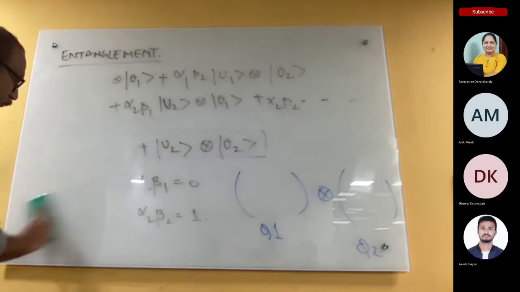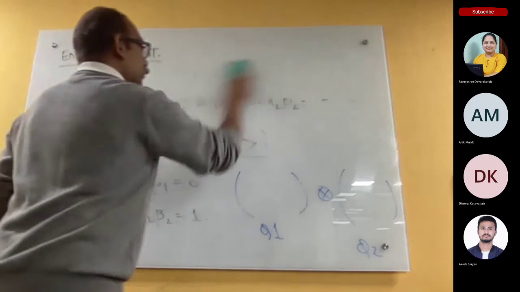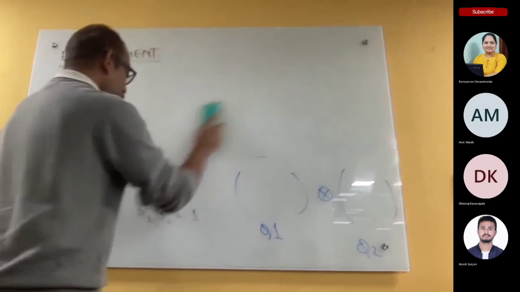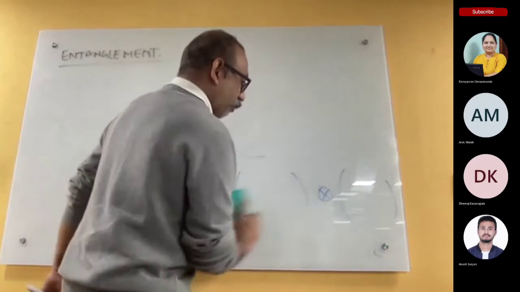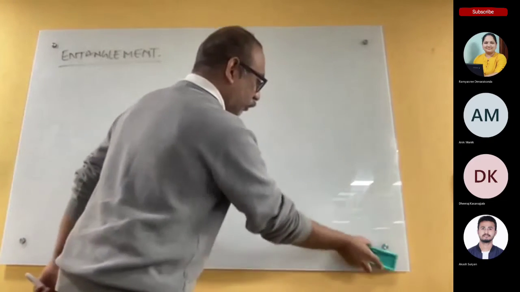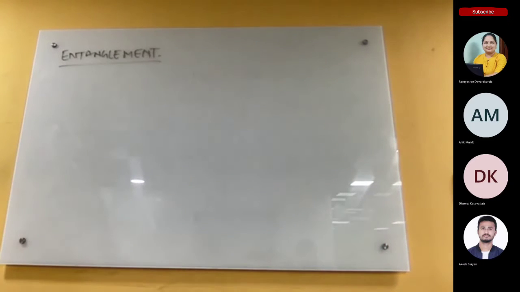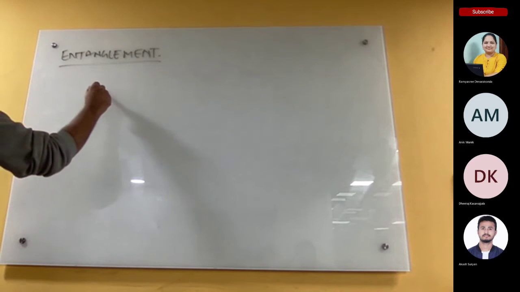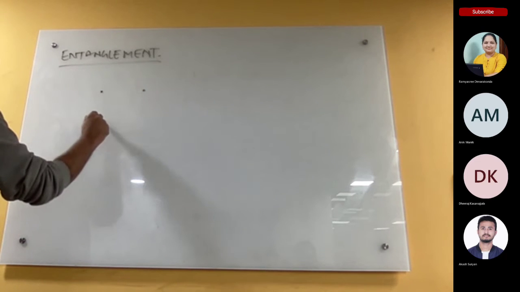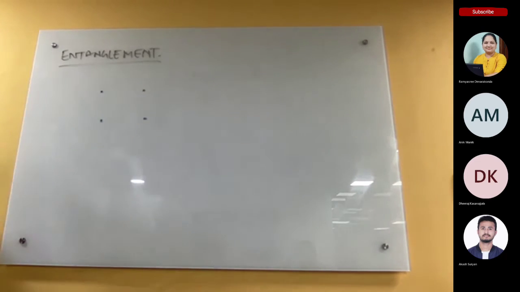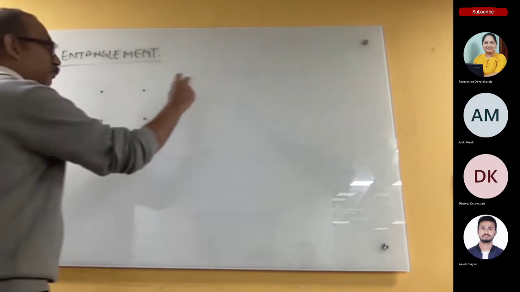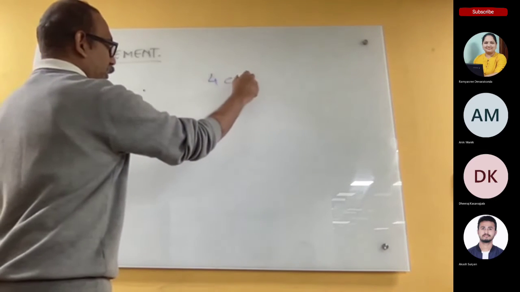So let's say, we are digressing into classical for just a second, okay? Let us say these are 4 states, 4 configurations of some classical particle. What do I mean by configurations?